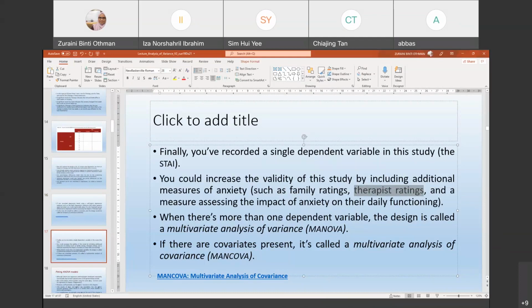When there is more than one dependent variable, the design is called multivariate analysis of variance, MANOVA. This is many dependent variables that we want to measure.